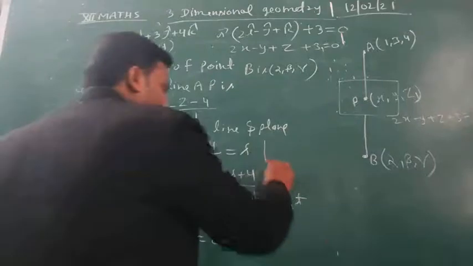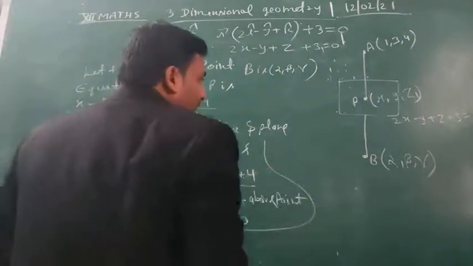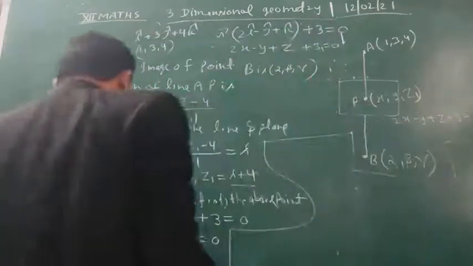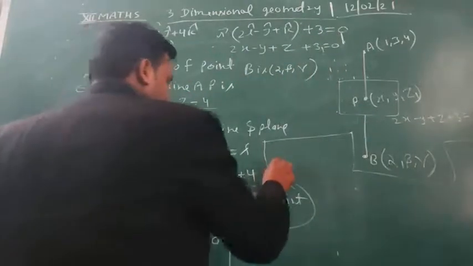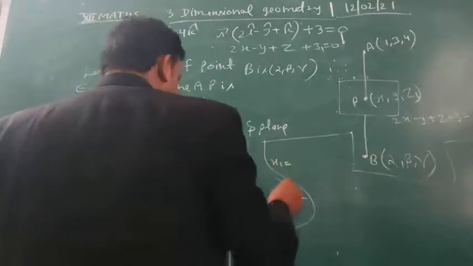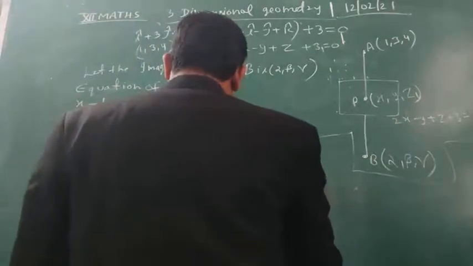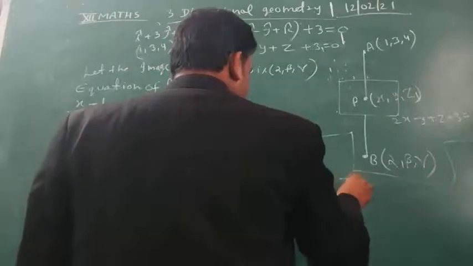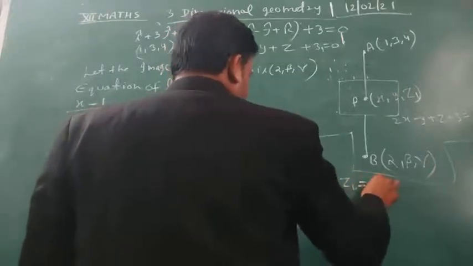Okay students, now we find the coordinate of P. So x1 is minus 1 and y1 is 4 and z1 is 3.